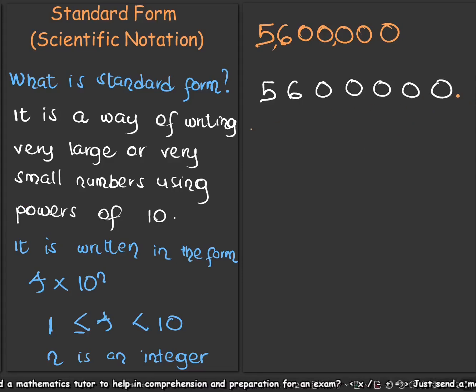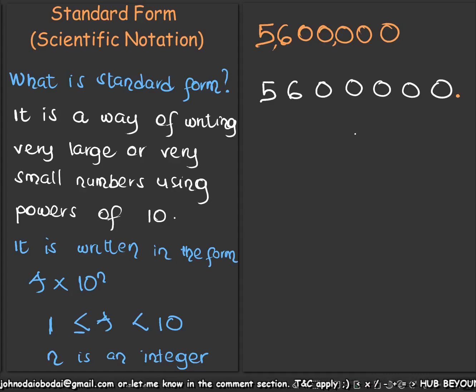Now, all you want to do to be able to write this number in standard form is move the decimal point from this side here to over here. That is, it should be between the first and the second digit. So let's do that and see what becomes of it.